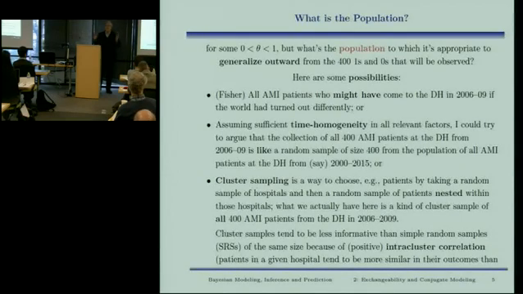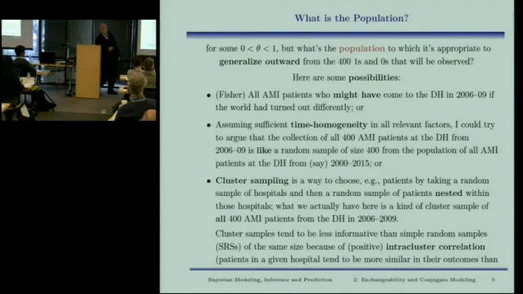Suppose I open up a 10-year time window in which 2006 to 2009 is inside that interval, and I try to say that the population of interest is all heart attack patients at this one hospital from the years 2000 to 2015, for example. That is a possible population, and this is indeed a sample from that population, right? Because I defined the population in such a way that it's a sample from it.